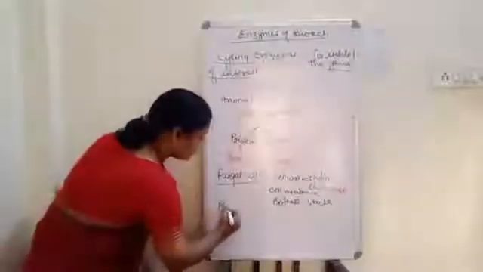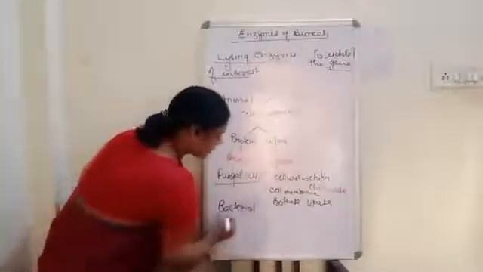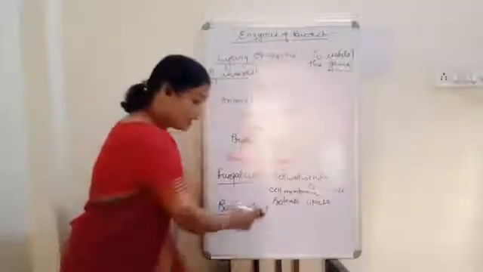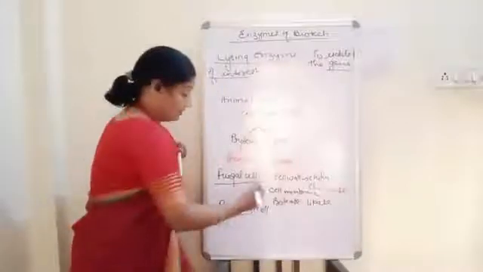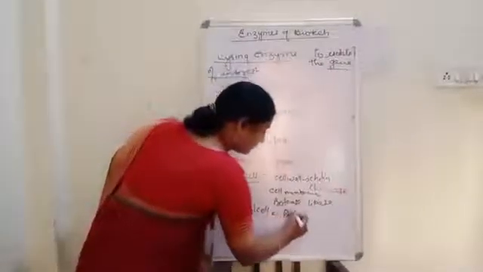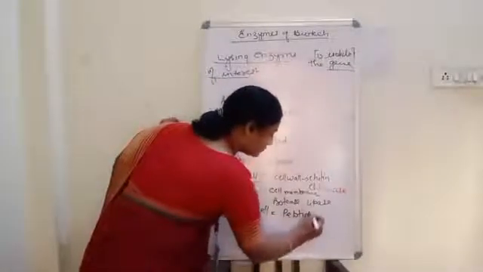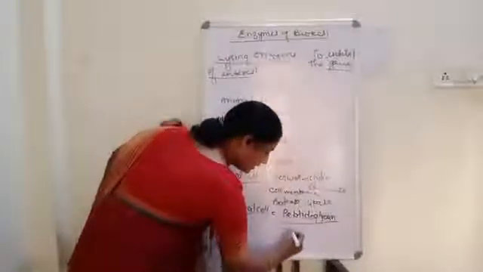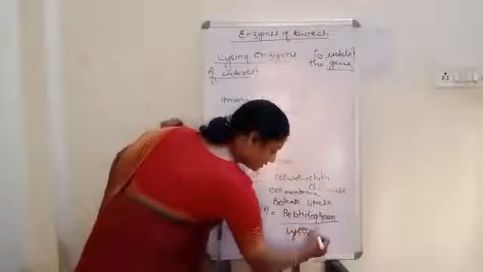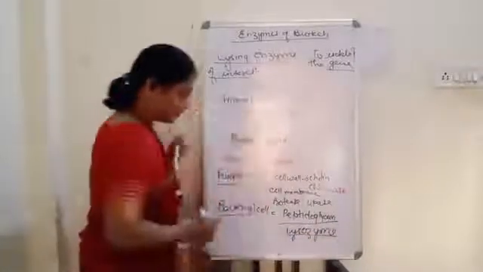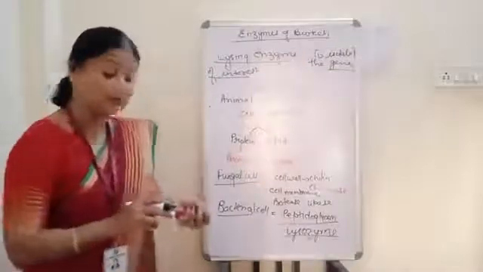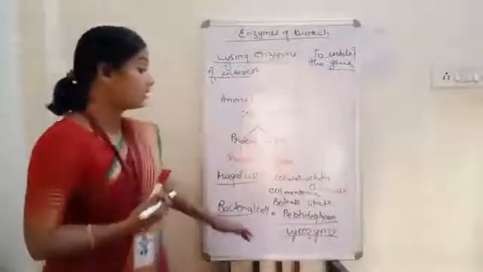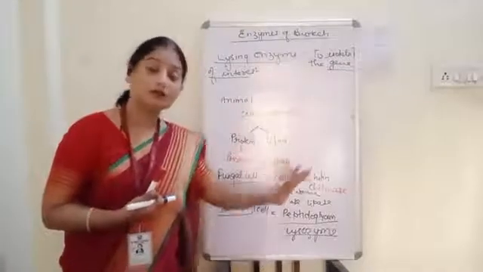One more, suppose a bacterial cell, that is a prokaryotic cell, and we all know that its wall is made up of peptidoglycan, and to dissolve this we need lysozyme.